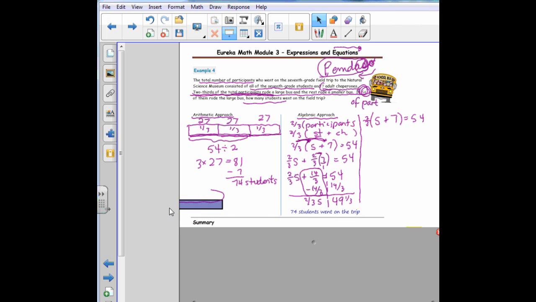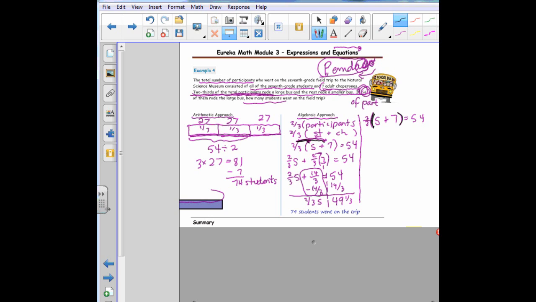Now, there is an easier way to solve this problem, so let's take a look at it over here. One of the things that made this problem difficult was that you had to distribute the 2/3. And we can avoid doing that by undoing this multiplication. Instead of multiplying each item by 2/3, we can divide both sides of the equation at this time by 2/3.